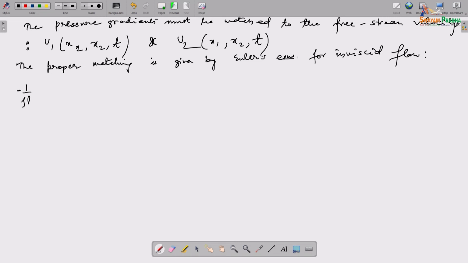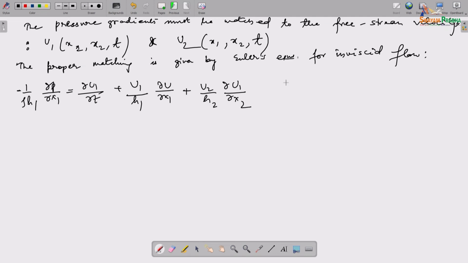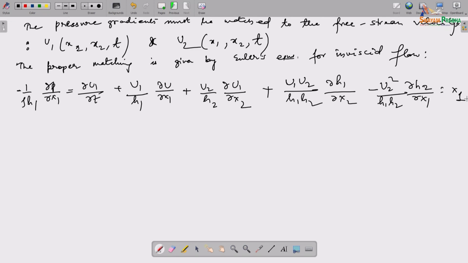So we have minus 1 by rho h1, okay, then, okay, and so the matching in the x1 direction is given in this fashion.